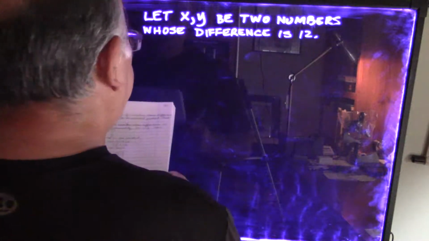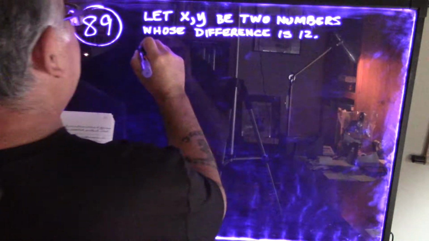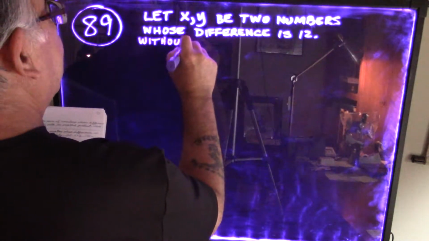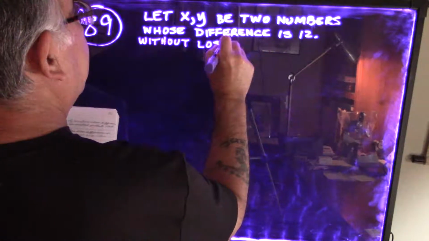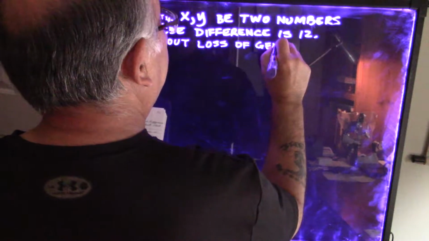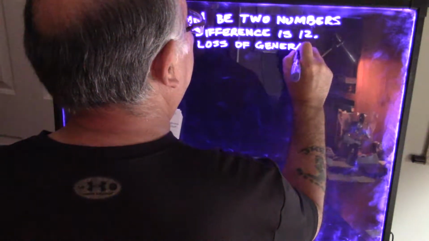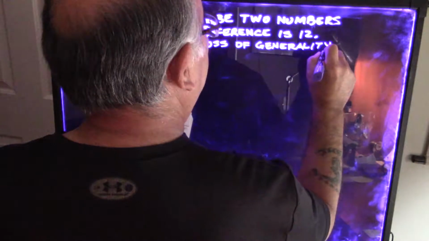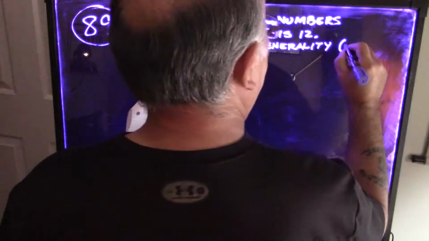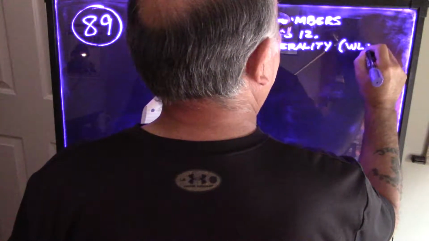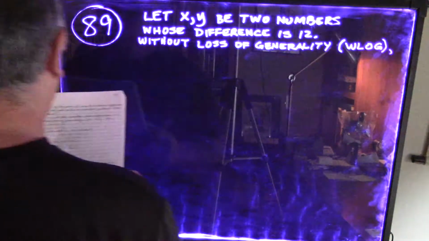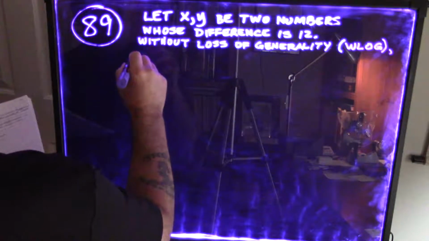Okay, so without loss of generality, and this is a phrase often used by mathematicians, abbreviated WLOG, let x be greater than y.